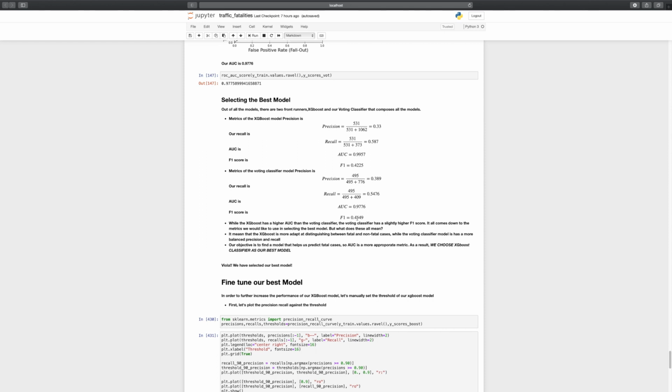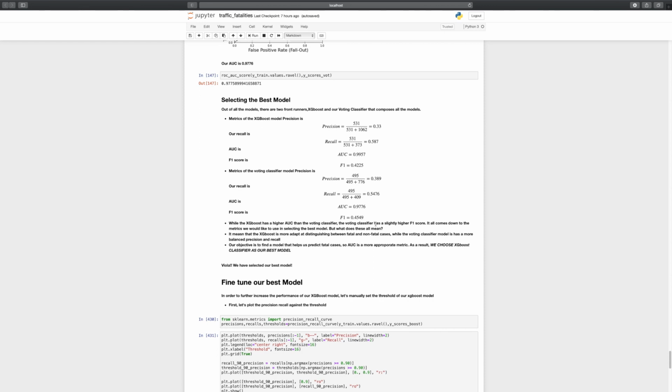The AUC is 0.9776. And the F1 score is 0.4549. We already knew that the F1 score prefers a more balanced precision and recall. But the XGBoost also has a higher AUC compared with the voting classifier.